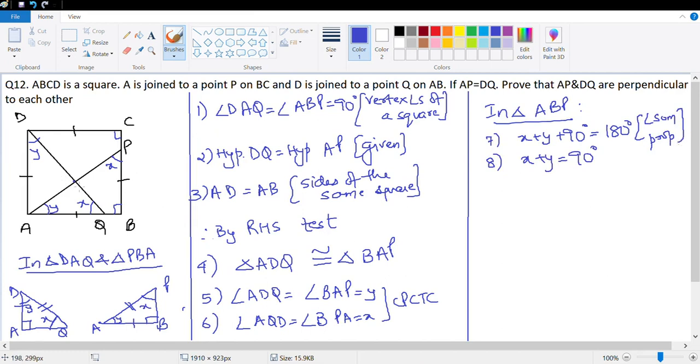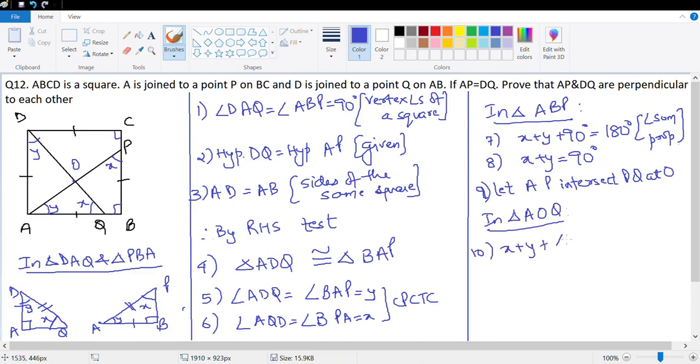Let this point of intersection be point O. So, number 9, let AP intersect DQ at O. So let's look at triangle AOQ. In triangle AOQ, number 10 would be X plus Y plus angle AOQ is equal to 180 degree. Again, angle sum property. What it means is angle AOQ is equal to 180 degree minus 90 degree.